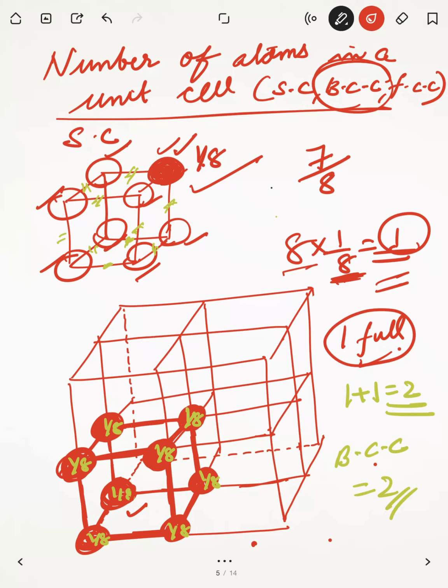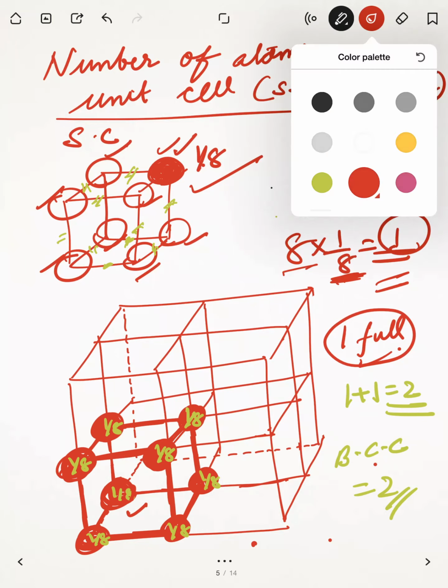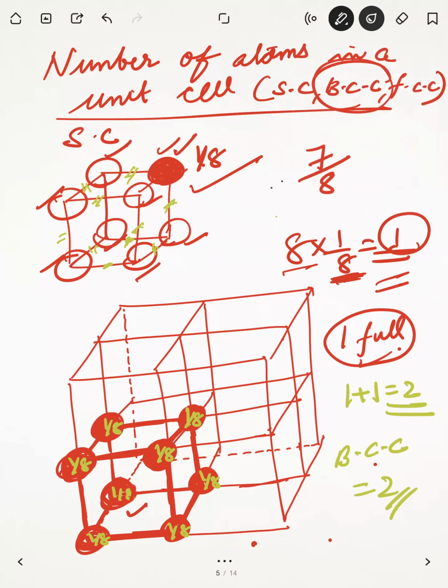In addition to these corner atoms, I am going to draw the same atom at the center of each face. I should have done it with red color only. To make you know the location, I am changing the color. Here, center of this face, same size, center of this face.